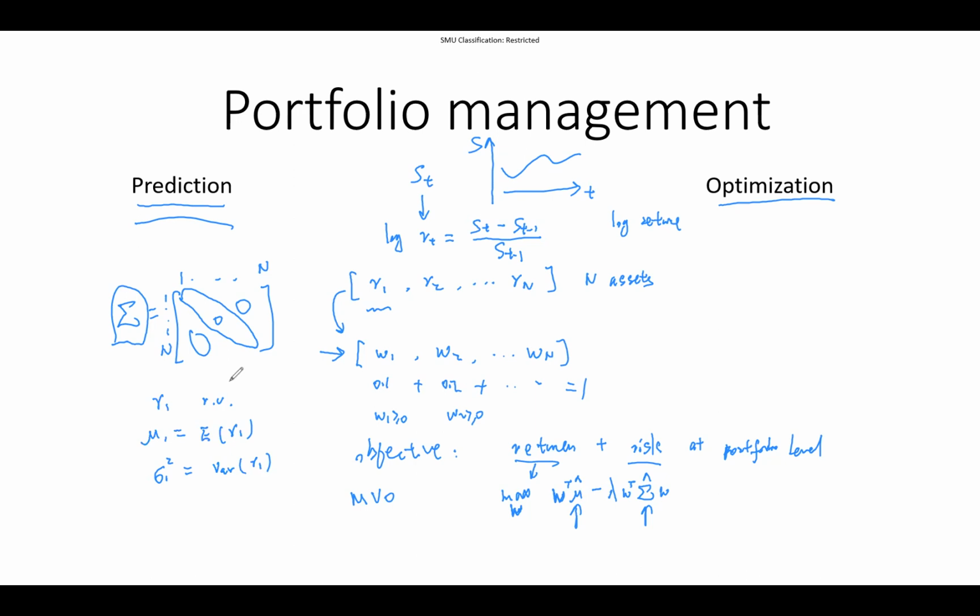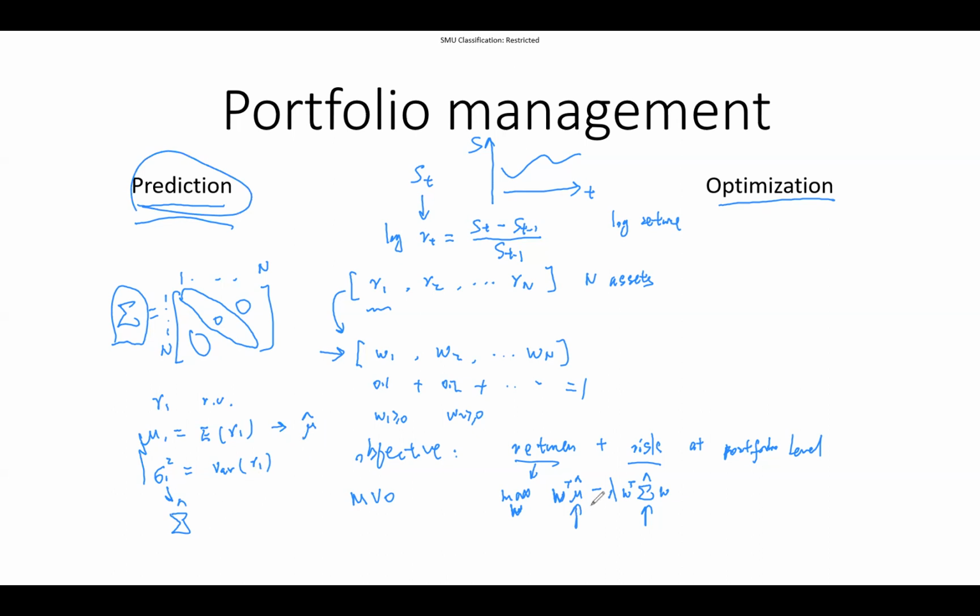So to sum up, first we need to predict the expected return, mu H, and the covariance, sigma H. These two terms we need to predict. Once they are predicted, then they're fixed.